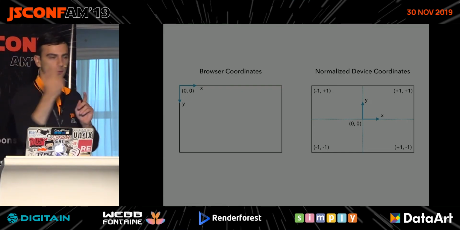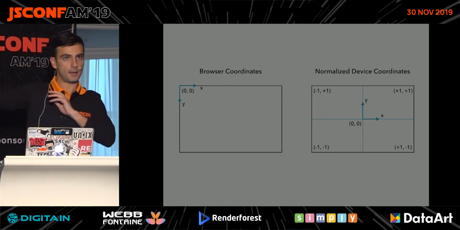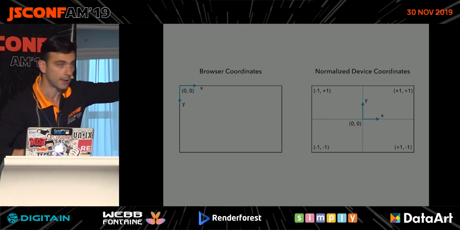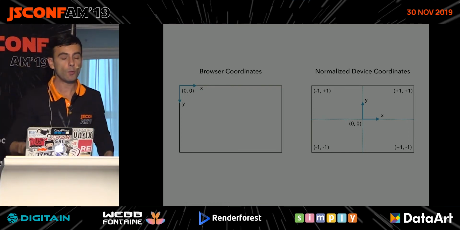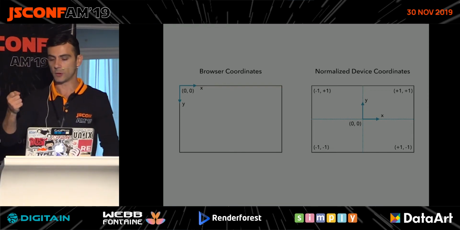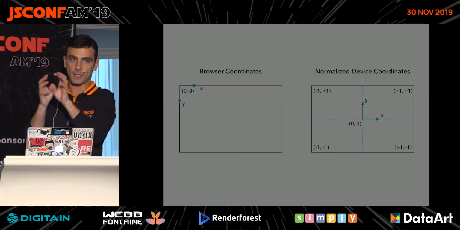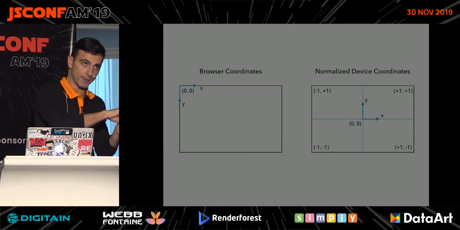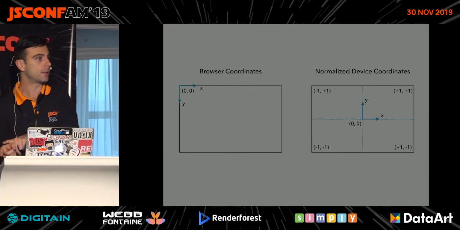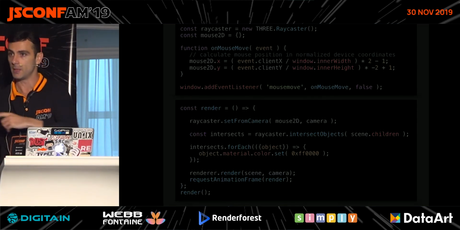So when we receive a mouse event, we have to convert those coordinates from the mouse coordinate system to this other coordinate system so that we can use the ray casting mechanism in Threejs.